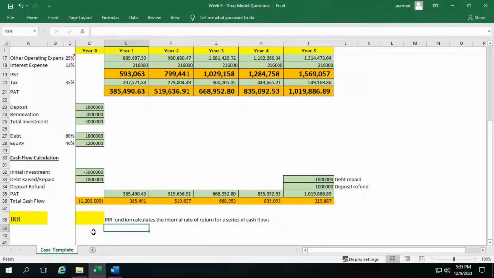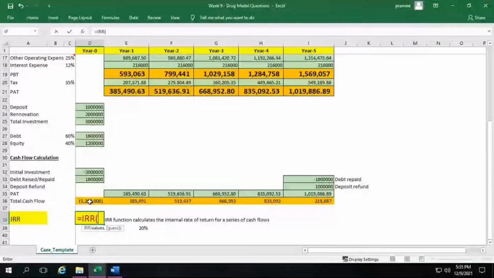So what is the best ratio? If it is 10 years, it should be 20 percent or above. The ratio is the return percentage of the cash flow. So what you need to do is type IRR, then values.